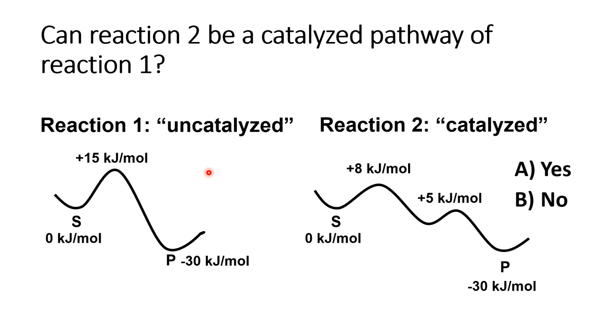The delta G for the uncatalyzed reaction is negative 30 kilojoules per mole, so the free energy change for the catalyzed reaction also has to be negative 30 kilojoules per mole.